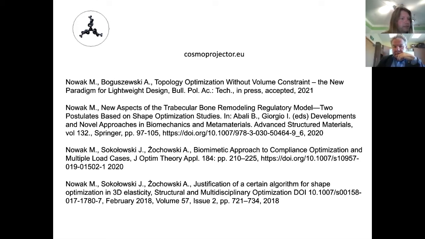I have a question, Michael, regarding the optimization method. I understood the method must be appropriate for multiple independent load issues, right? Yes. Can you summarize the challenges? I mean the example of the trabecular bone.